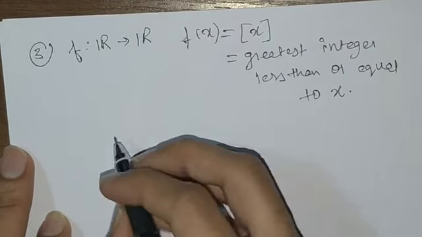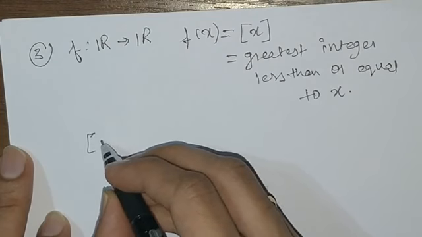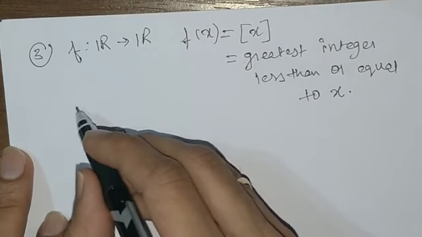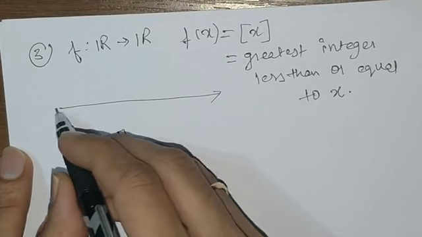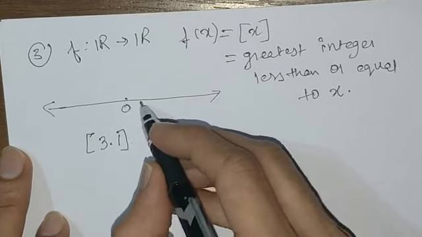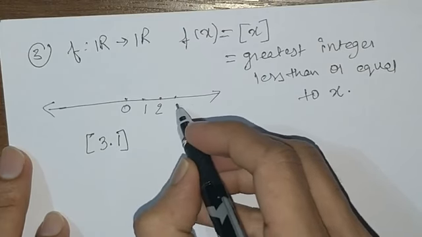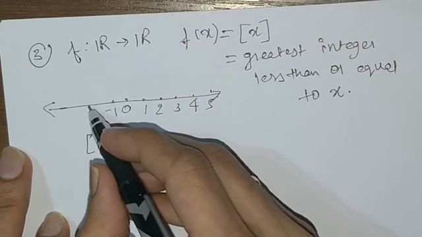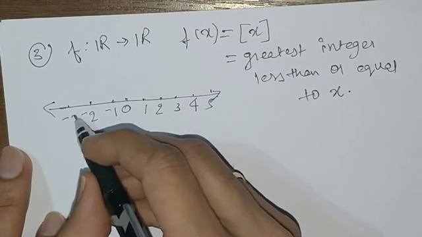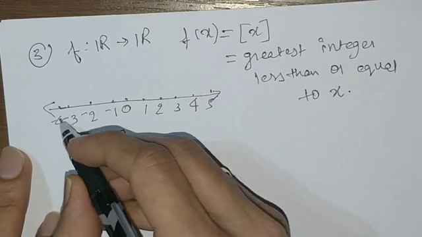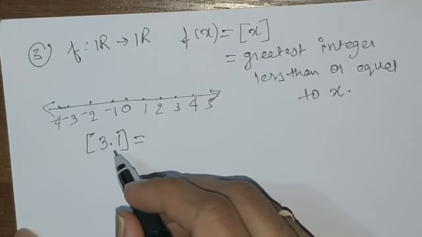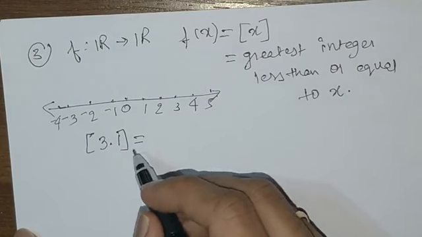If we take some examples, for example the real number 3.1, look at the number line here. This is 0, this is 1, 2, 3, 4, 5, this is minus 1, minus 2, minus 3, minus 4.